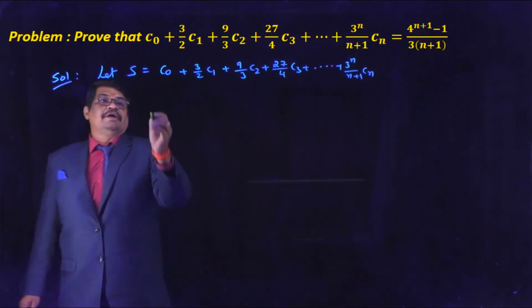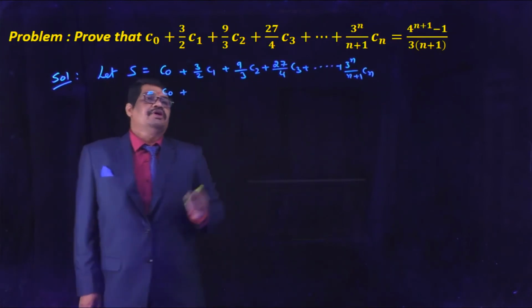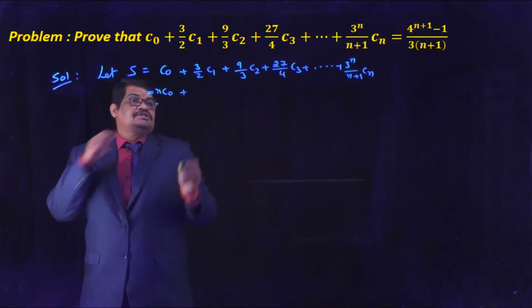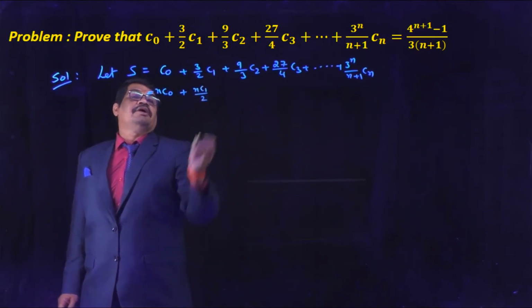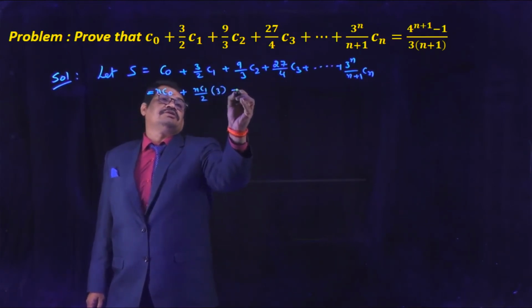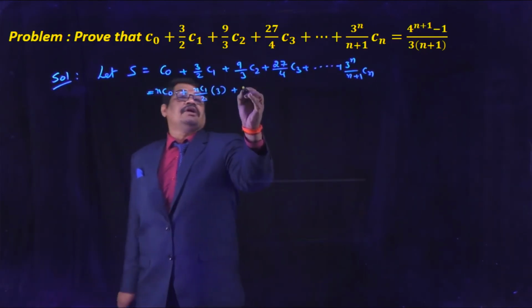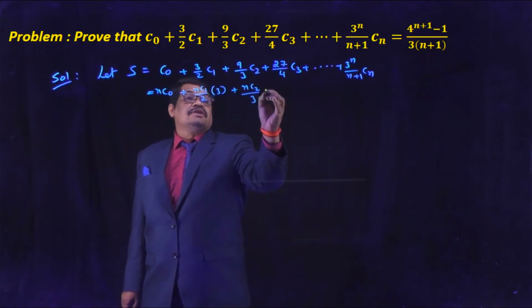Now this can be written as C naught, and C naught can be written as nC naught. Next we write C1 as nC1, denominator is 2, with 3 written alongside. Next C2 can be written as nC2 by 3, and 9 can be written as 3 square.